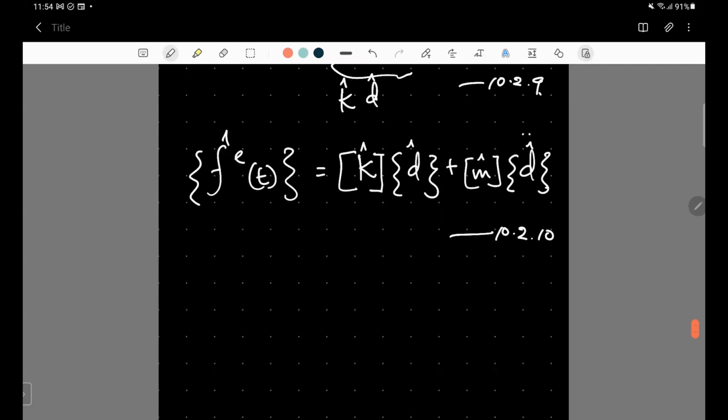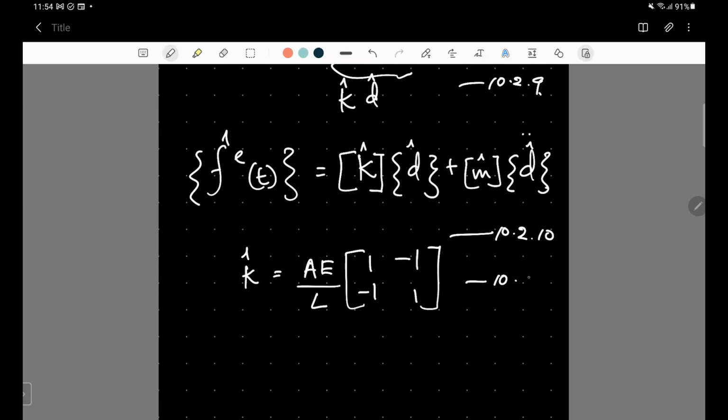Here we know the spring stiffness matrix for a bar is equal to AE divided by L, cross-sectional area times modulus of elasticity divided by L, as you can recollect from all the previous lessons that we learned.